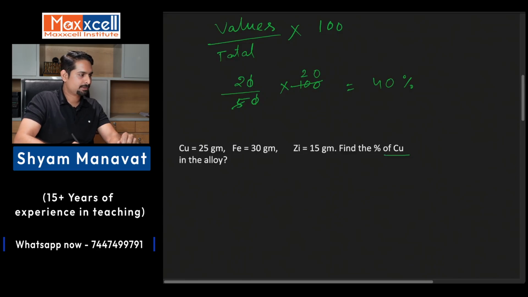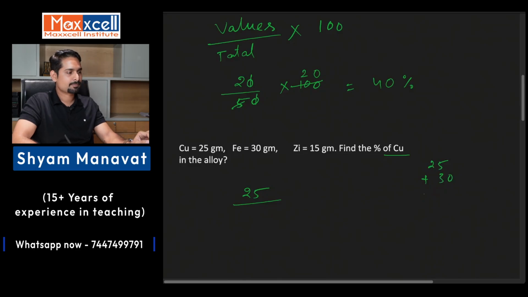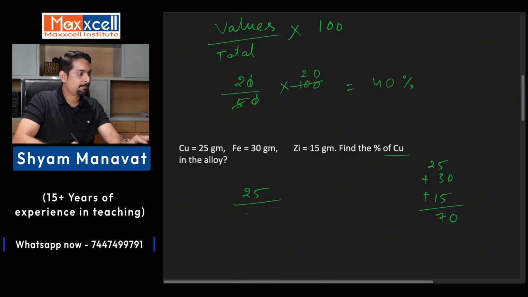Percentage of copper, that is 25 on total. What is total here? 25 plus 30 plus 15. This is 40 and this is 30, so it will give you a total of 70. So 25 by 70 into 100. That's how you calculate.